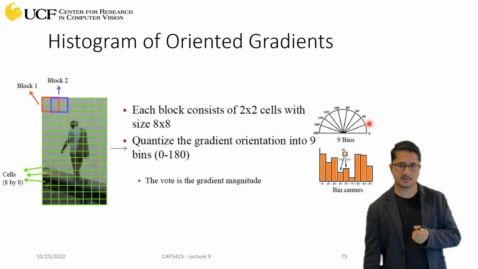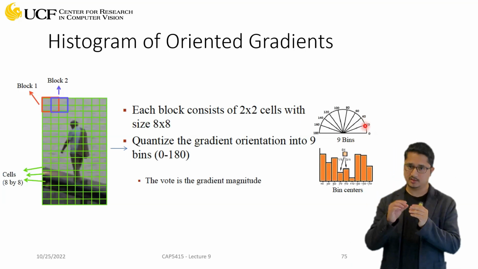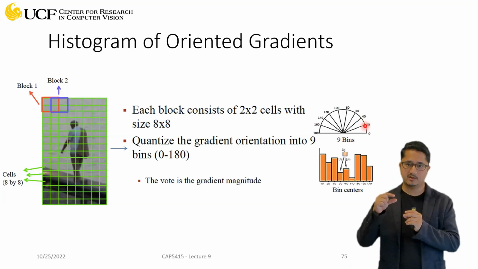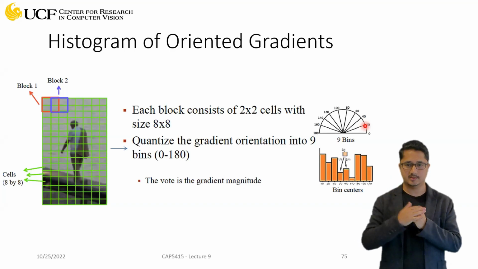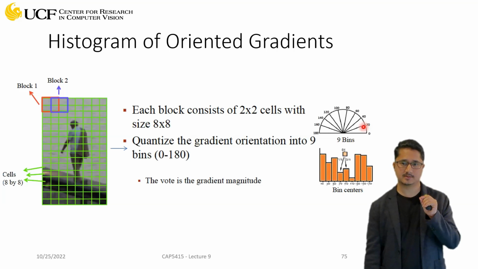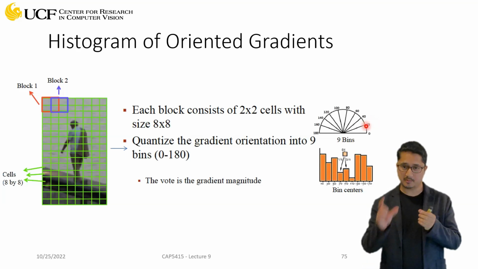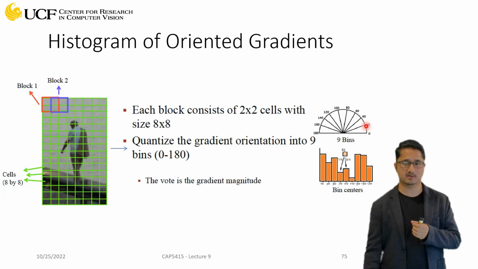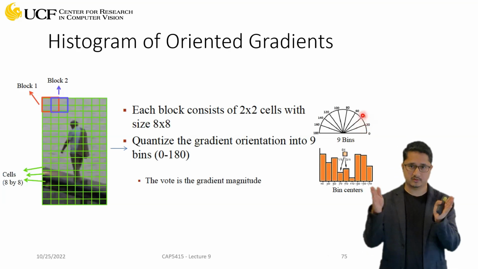Now 20 is equidistant from the center of the second bin and the first bin, which means this gradient should go 50-50 between these two, because the distance from the center is equal. So if you have a pixel location where the orientation is 20 degrees and its magnitude is 50, then that magnitude 50 will be divided between those two bins equally. 25 will go into the first bin, which is for 10, and 25 will go into the second bin. So you distribute those two.